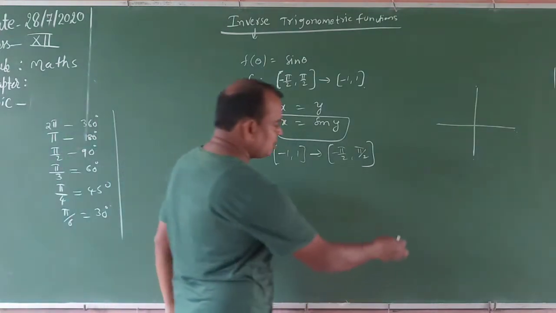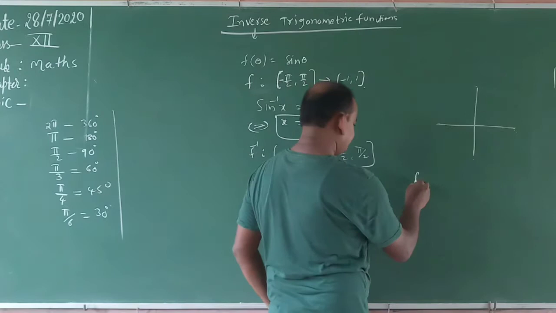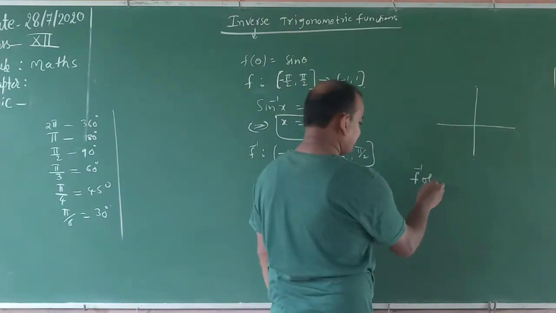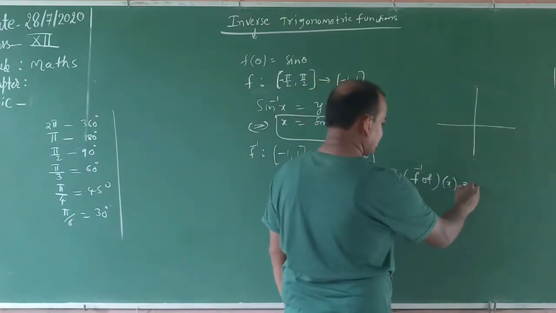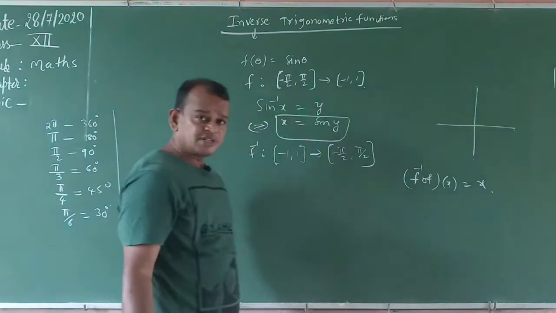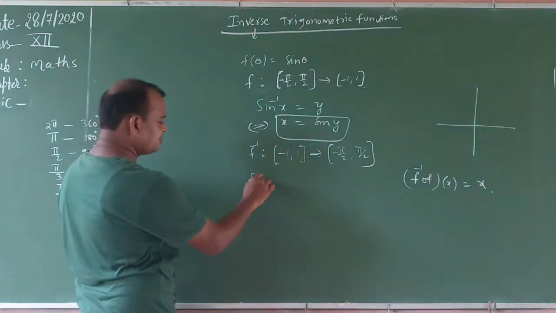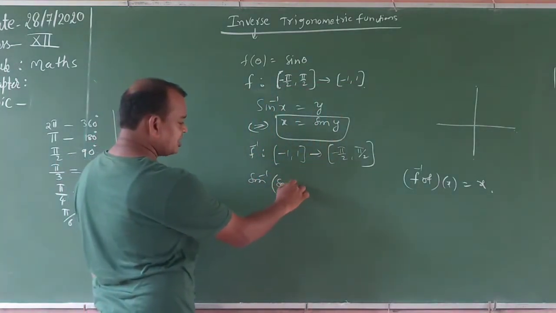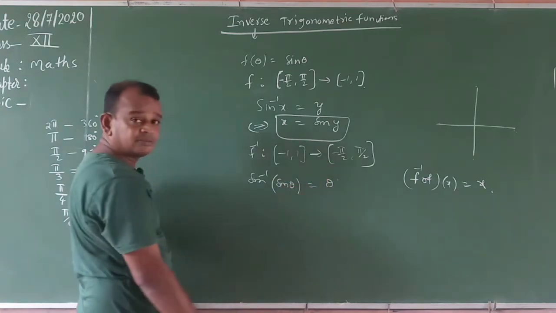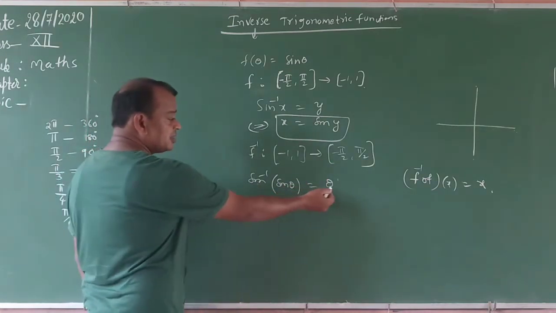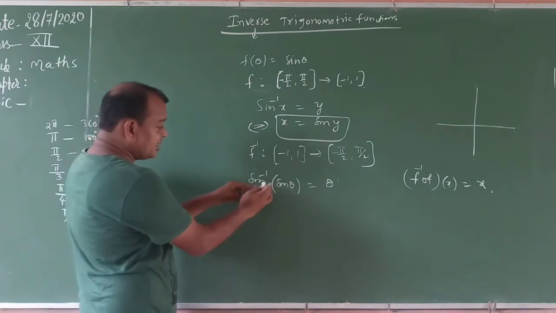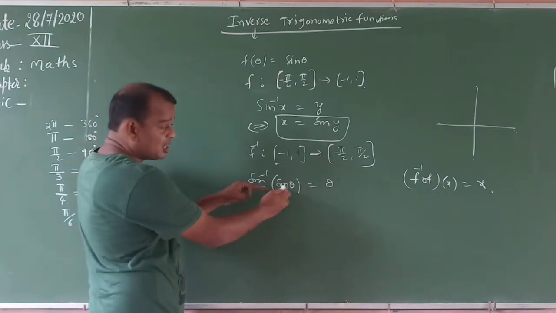Now one problem. You know that f inverse of f of x is equal to x. In the same way, sin inverse of sin theta is equal to how much? Theta. Sin inverse of sin theta is equal to theta. Observe that this sin inverse and sin get cancelled. The answer is theta.